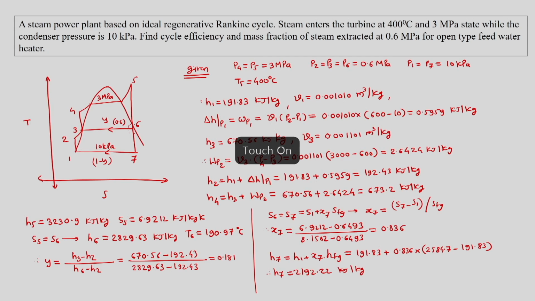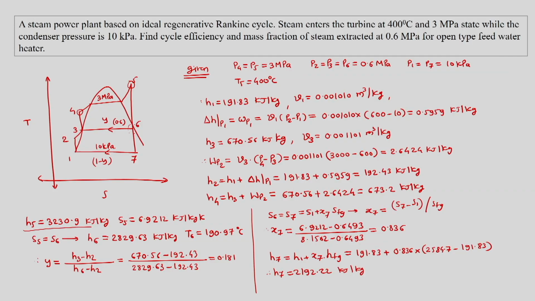Now we can find the efficiency of the plant, and for that we need to find Q in, and Q in is equal to H5 minus H4, which is 3230.9 minus 673.20. We should remember here the heat added is between these two states, H5 and H4, where H5 is the enthalpy at the outlet of the boiler and H4 is the enthalpy at the inlet to the boiler.